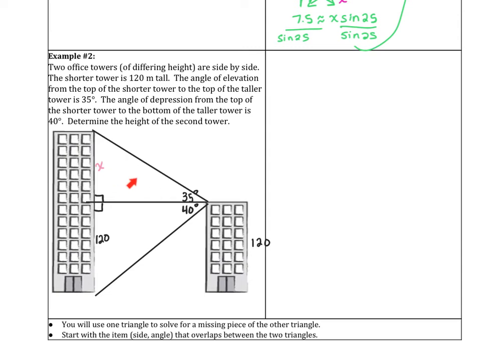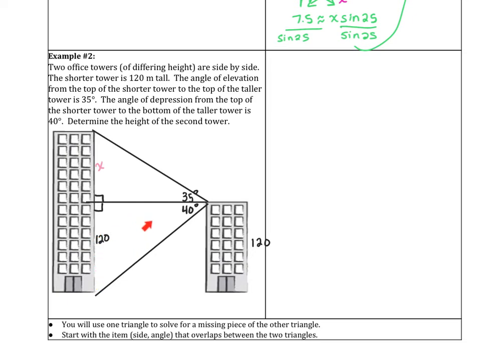Once again, the problem is in this triangle, you don't have 3 pieces of information. You know the right angle, you know this angle, but you don't know anything else. In this triangle, you know 3 pieces of information. This is 40 degrees, this is 90 degrees, and this side is 120.